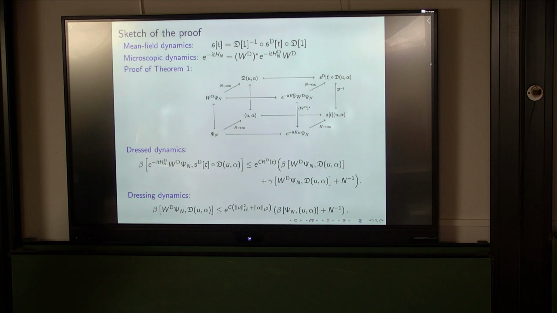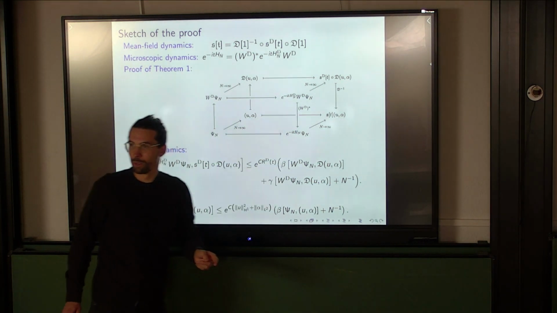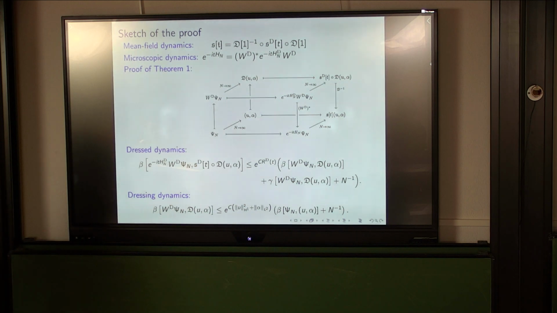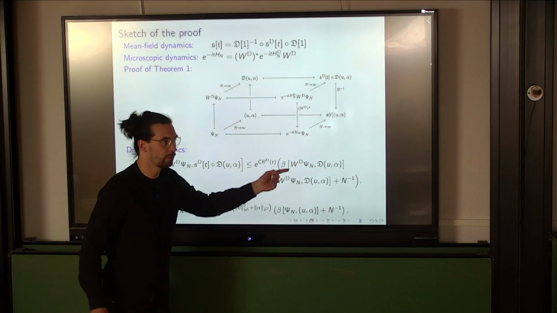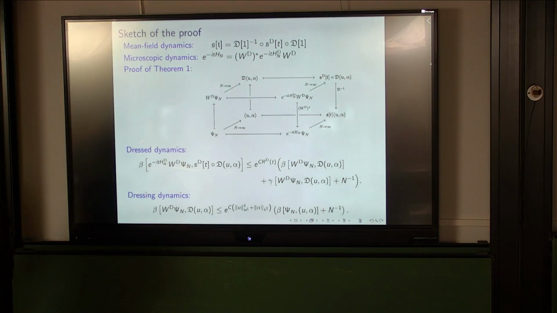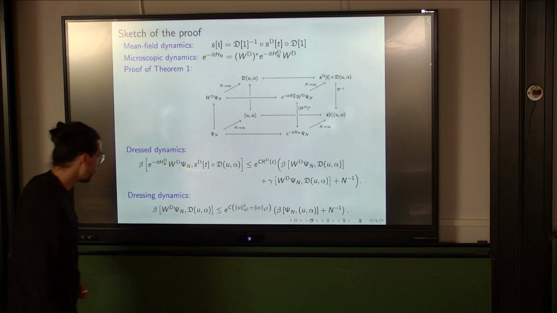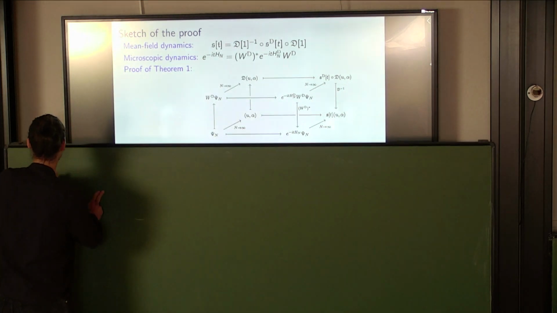But what is less easy is to undress this functional gamma, because we don't expect that we can undress it, as this would say that the dressing leaves the domain of the kinetic energy invariant. For this reason, we use this energy estimate of Pickl and Knowles, which can basically be viewed in this way.